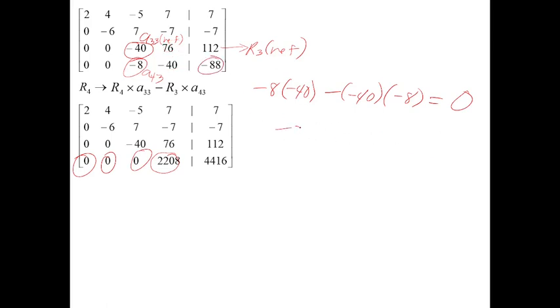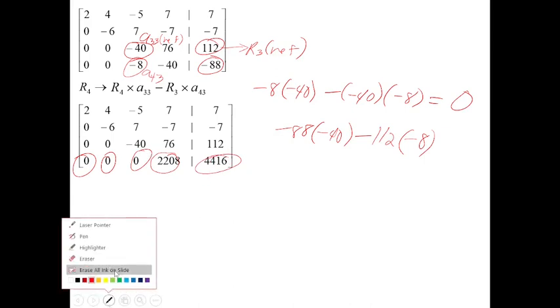Negative 88 times negative 40 minus 112 times negative 8. 4,416 po, sir. Okay. Ganon.